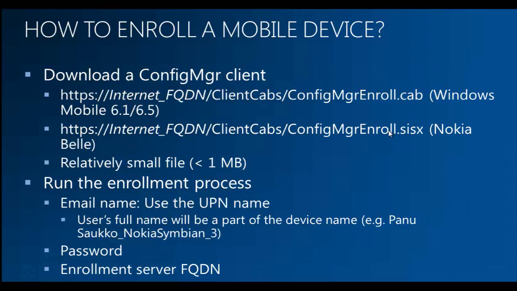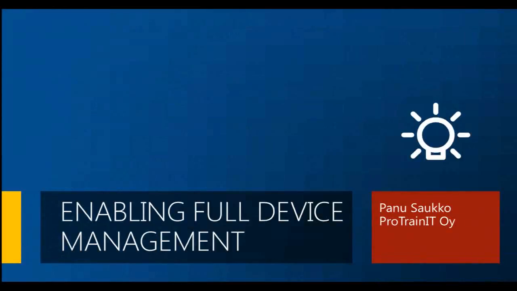Both of those files are quite small, less than 1 megabyte. And when you have downloaded and installed that, then you can start the enrollment process. Okay, and let's try to do that.